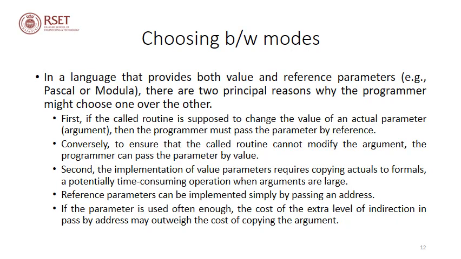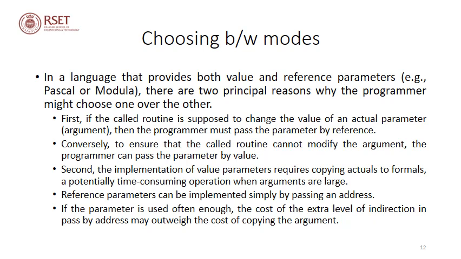Now let's see how to choose between the two most common parameter passing modes, that is call by value and call by reference. In a language that provides support for both, there are two principal reasons why the programmer might choose one over the other. First, if the called routine is supposed to change the value of the actual parameter, then the programmer must pass the parameter by reference.